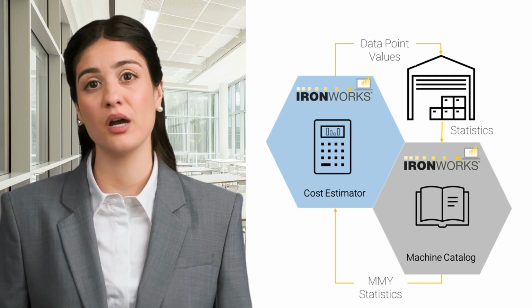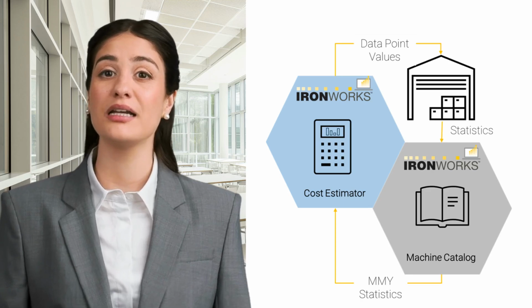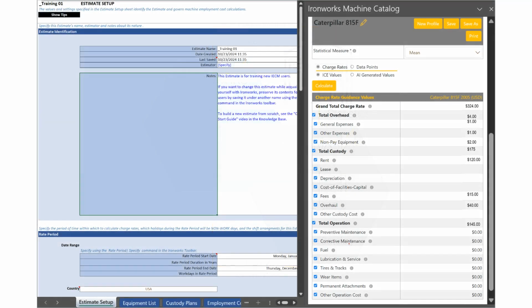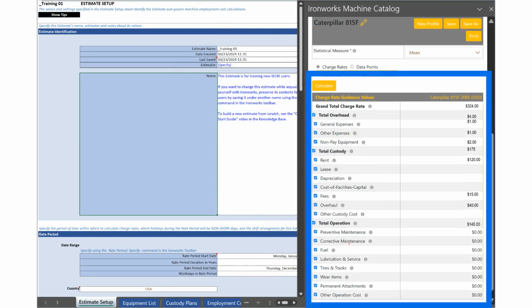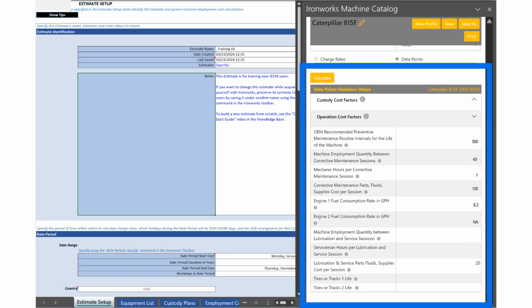The machine catalog, in turn, provides those statistics to its users and ICE estimators in a continuous cycle. Statistics are reported for charge rates, custody cost factors, and operation cost factors.